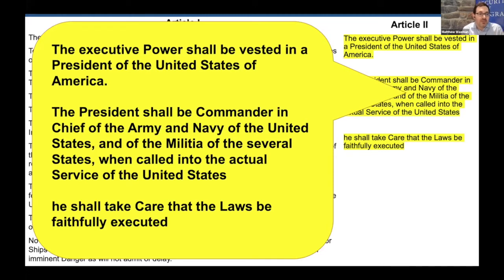Now, one reason why over time, I think we don't really get that much clarity on what the commander-in-chief clause means is because it's sandwiched between these other two clauses that also get read as war powers.